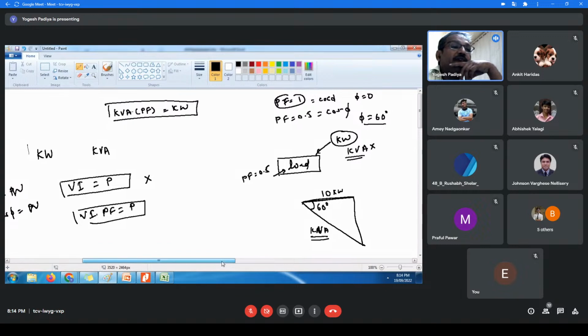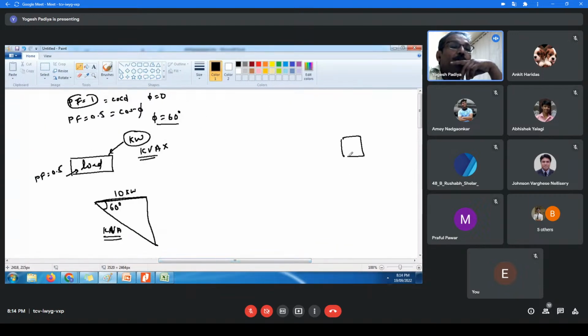So suppose you have a complex, here you have a complex, here you have a complex, and here you have a common transformer. Now this building has a load of 100 kilowatt. This building has a load of 200 kilowatt.